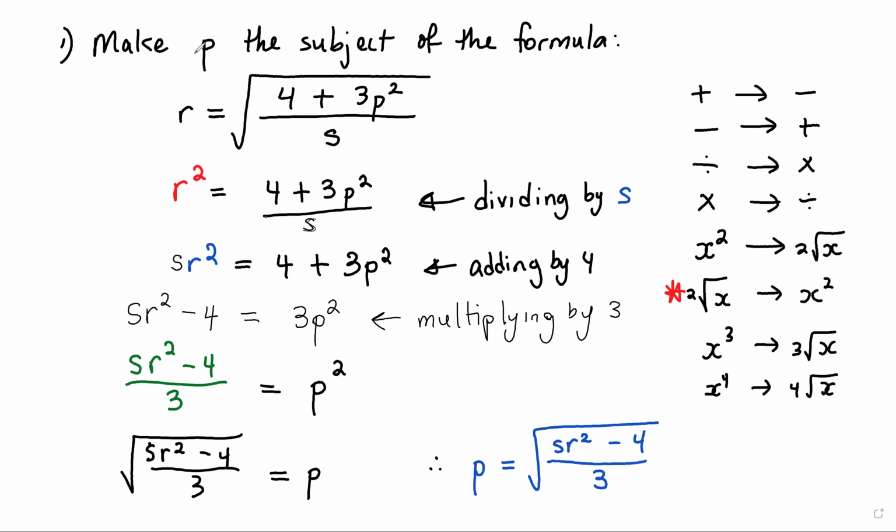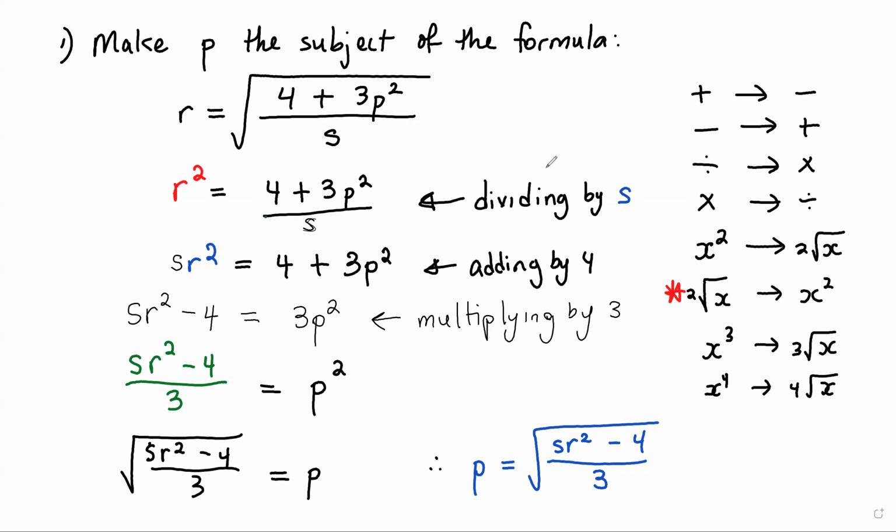Meaning that in this formula, I have lots of operations happening. I have the square root, I have division, I have addition, I have multiplication, and I have squaring. So you have to undo it in that exact order.